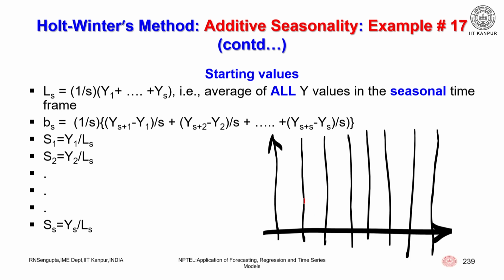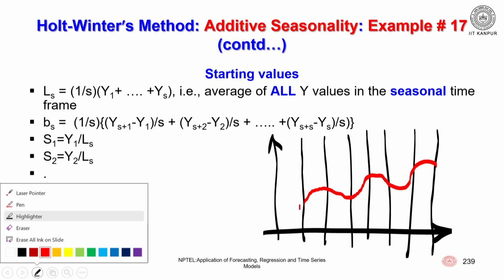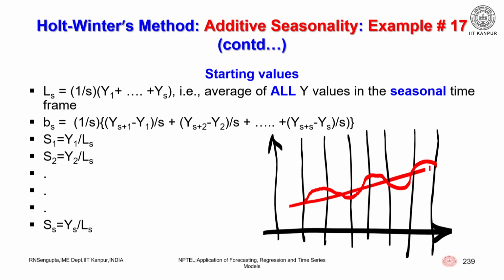So, it is 3 factor. I am just drawing it simply. This is the trend, and this would be the starting value for level.